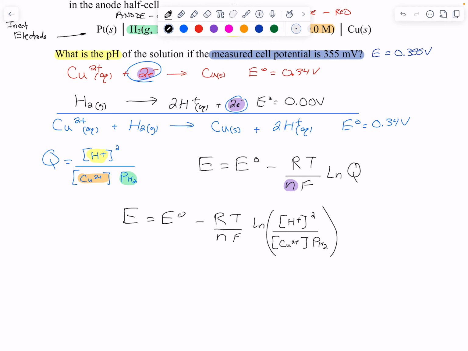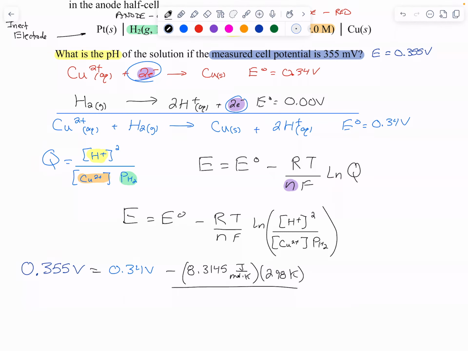So E is 0.355 volts, equals 0.34 volts minus 8.3145 joules per mole Kelvin times 298 Kelvin all over 2 moles of electrons times 96,485 coulombs per mole of electron.